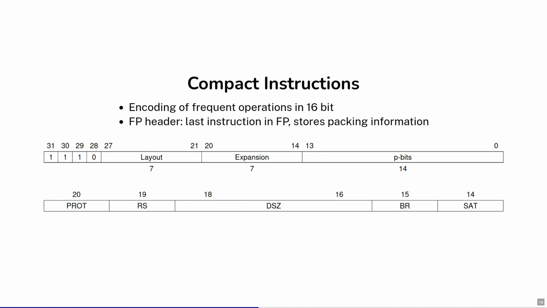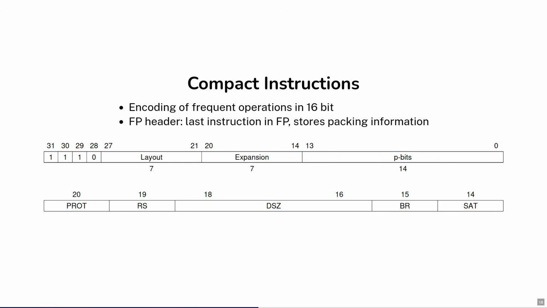So one more thing we'll look at before we try to solve these problems is compact instructions. Up to this point, every instruction was 32-bit size, and then they decided that it would be good if the frequently used instructions would have half the size.